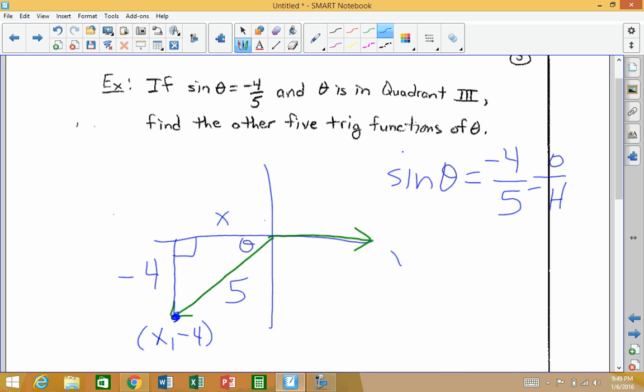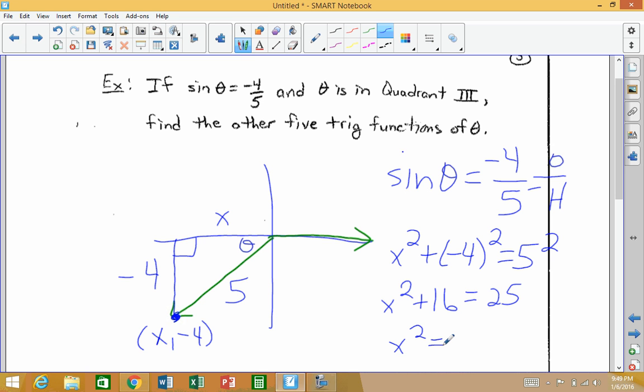So we're going to have x squared plus a negative 4 squared equals 5 squared. So x squared plus 16 equals 25. x squared equals 9.